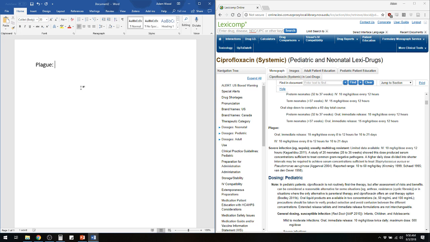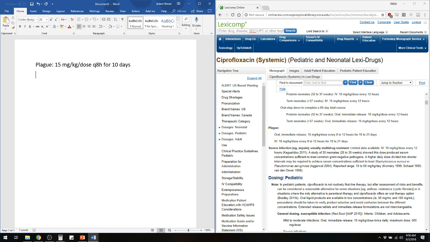Anyone know the bacteria that causes the plague? Yersinia pestis. Anyway, it's 15 milligrams per kilogram per dose, every 8 to 12 hours. Let's do every 8 hours, just so we have something different than last time. It says for 10 to 21 days. Let's just do 10 days. It's a minor case of plague, we'll say.